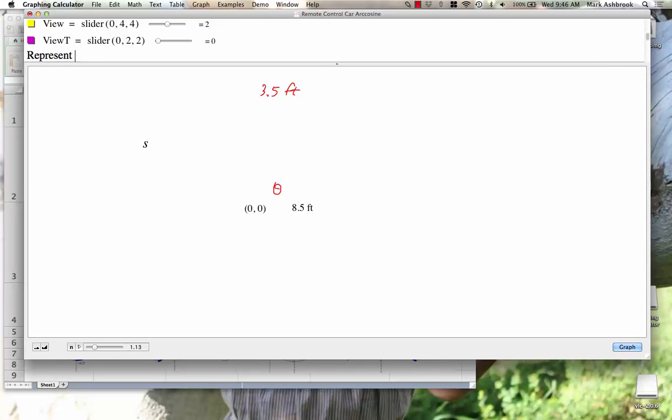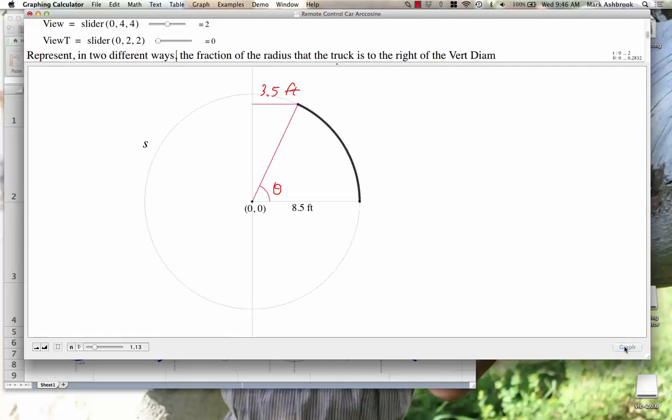Represent in two different ways the fraction of the radius that the truck is to the right of the vertical diameter. Think of it as a quiz. Can you do it? No calculator, you just write these down.